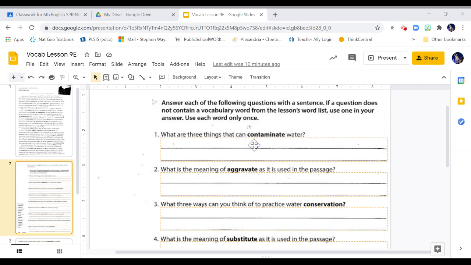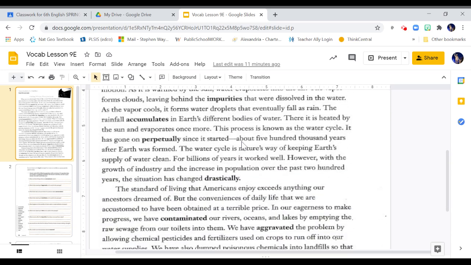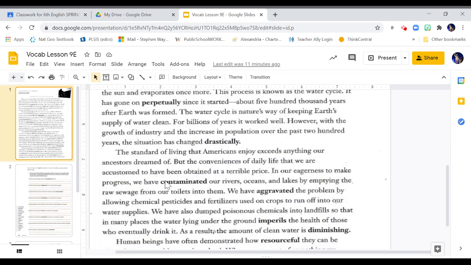Well, this needs to come from the text passage, not from things that you know about in your own life. So I need to go up here and I'm looking for the word contaminated, because that's going to be my clue about where I'm going to find this answer in the text.